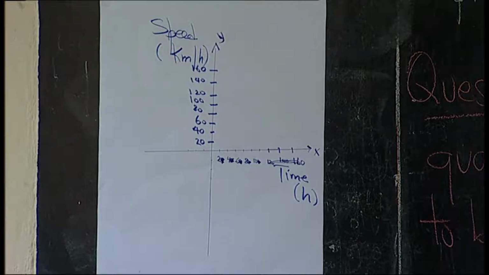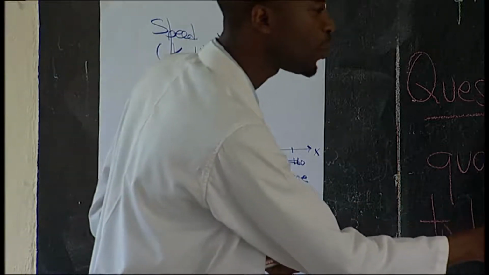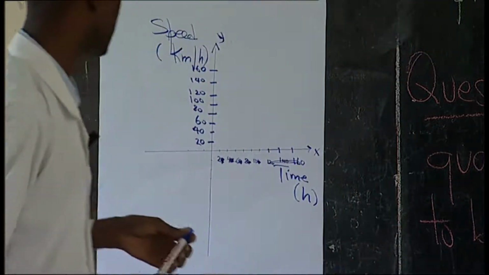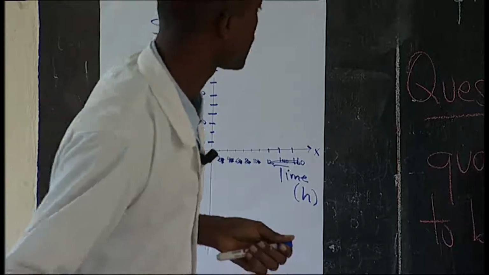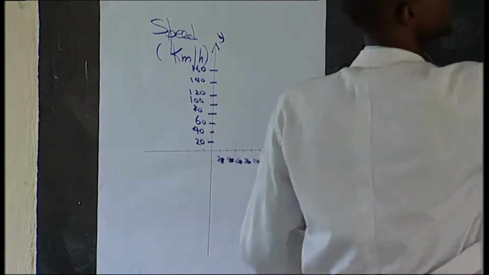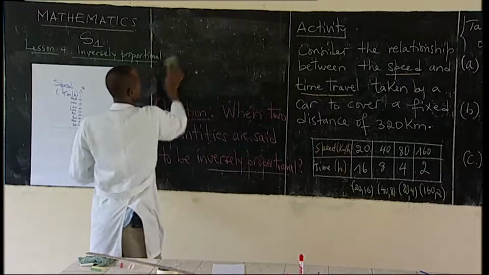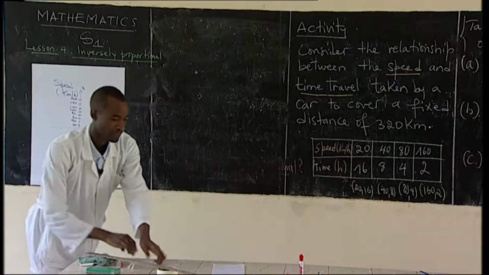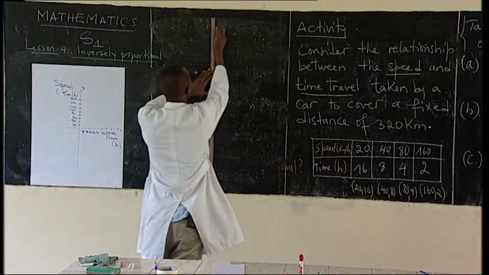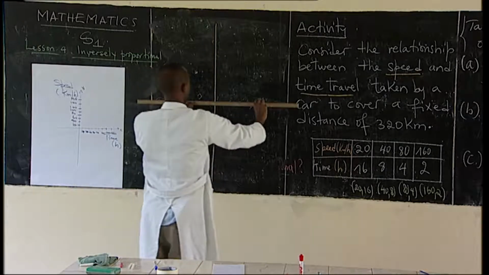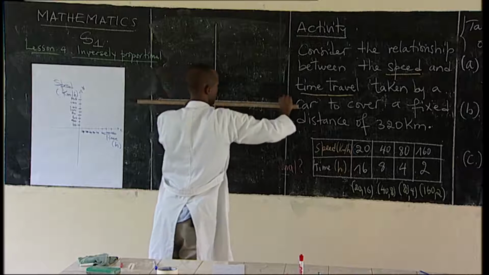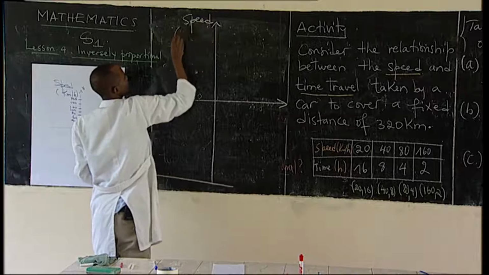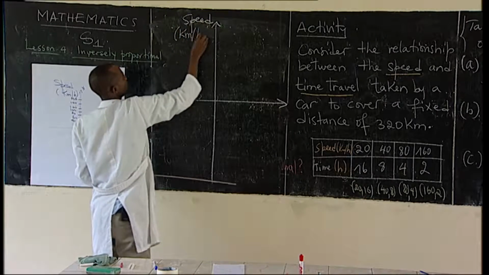Now, when you have 20 kilometers, it will be covered within 16 minutes. This one doesn't look clear, so we put it here. Here we have speed in kilometers per hour.